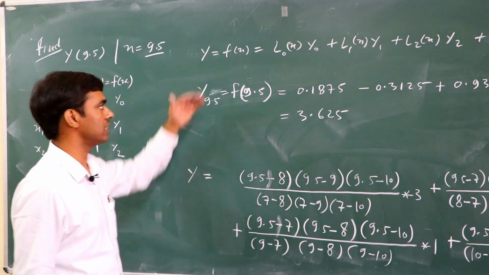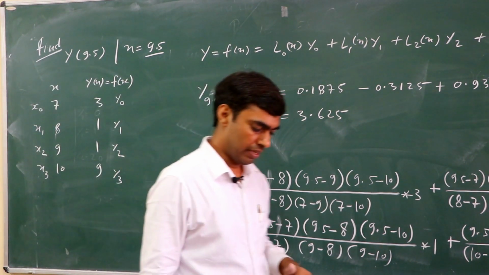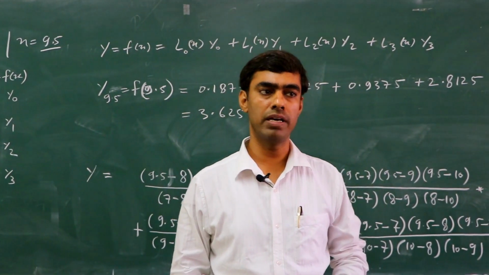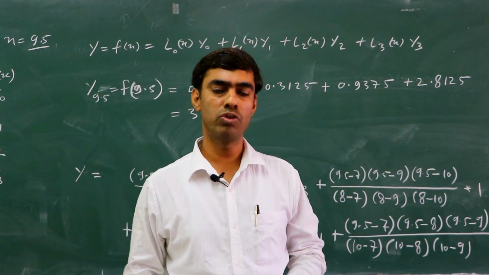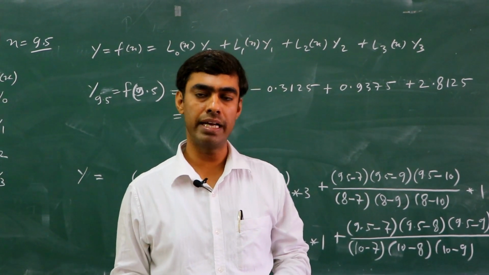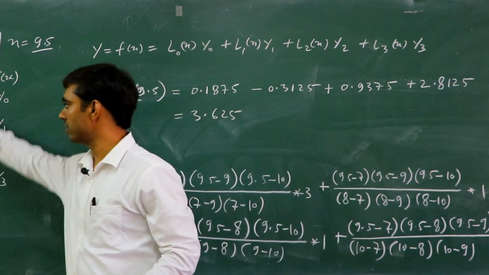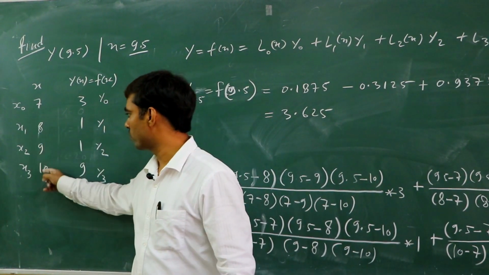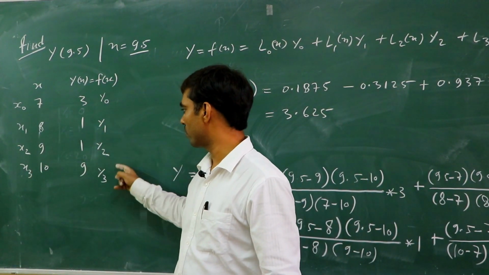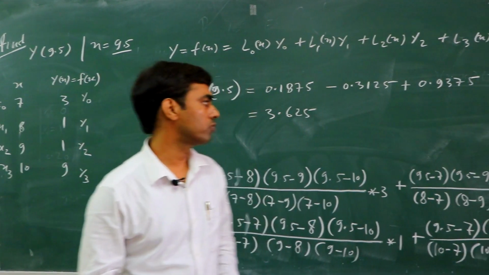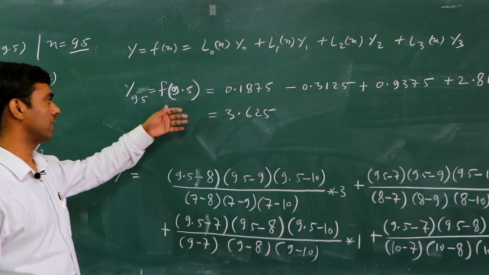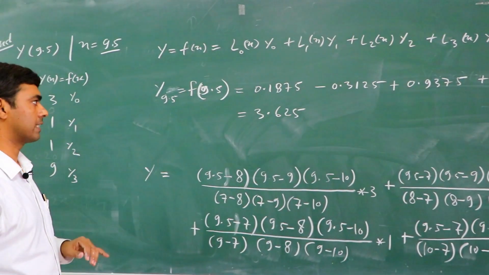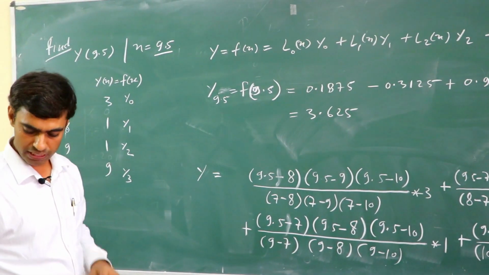The procedure is: write down the Lagrange interpolation formula in terms of the Lagrange multipliers, then write down the Lagrange multipliers according to the number of terms, then put in the values of x0, x1, x2, x3, y0, y1, y2, y3, and we are able to find the value of y for a given value of x. Here it is 3.625.